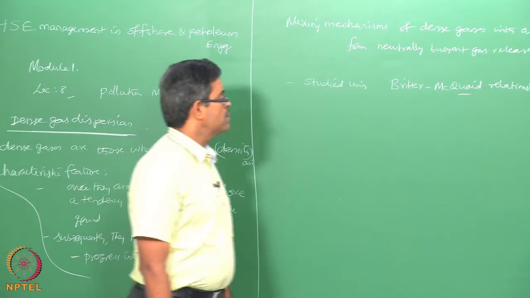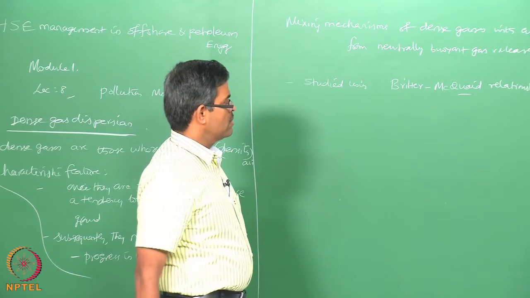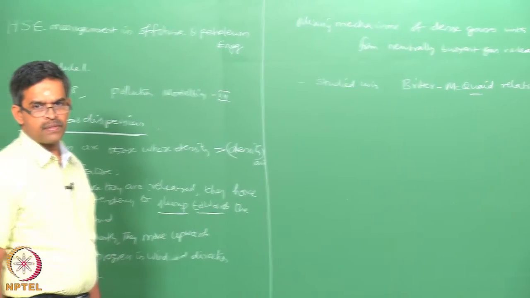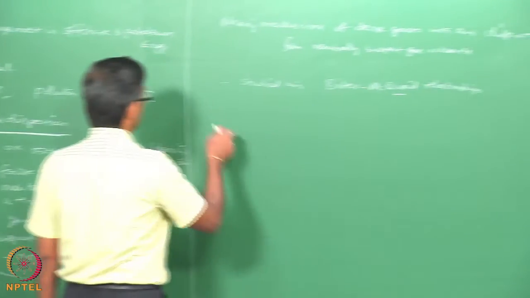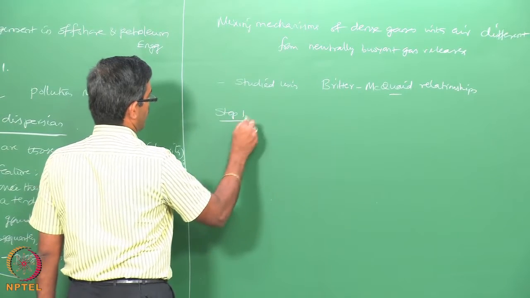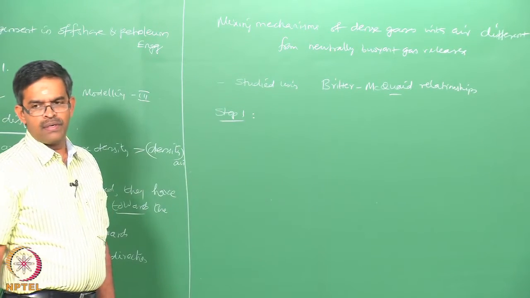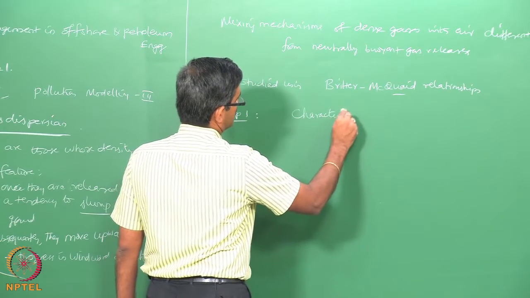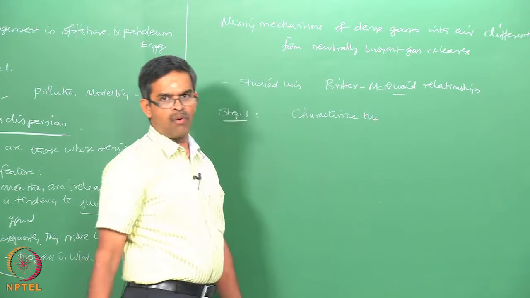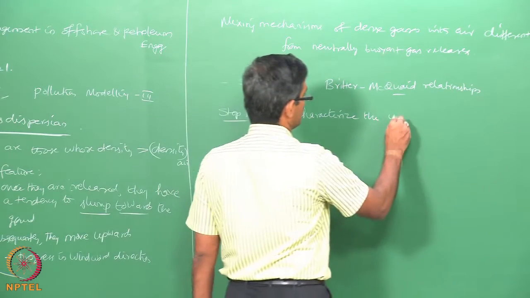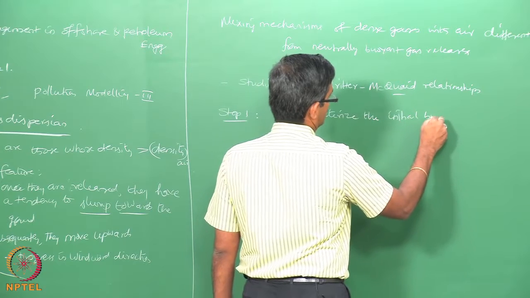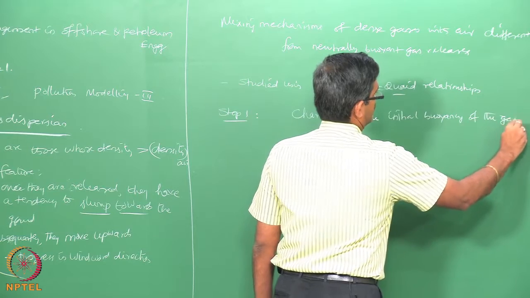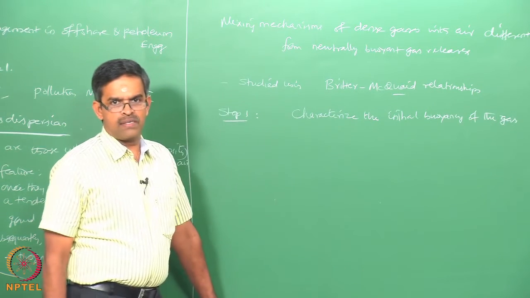To compute the dispersion model of the dense gases, there are different steps involved. Step number 1, you are going to characterize the initial buoyancy of the gas. Now, how do you characterize this?